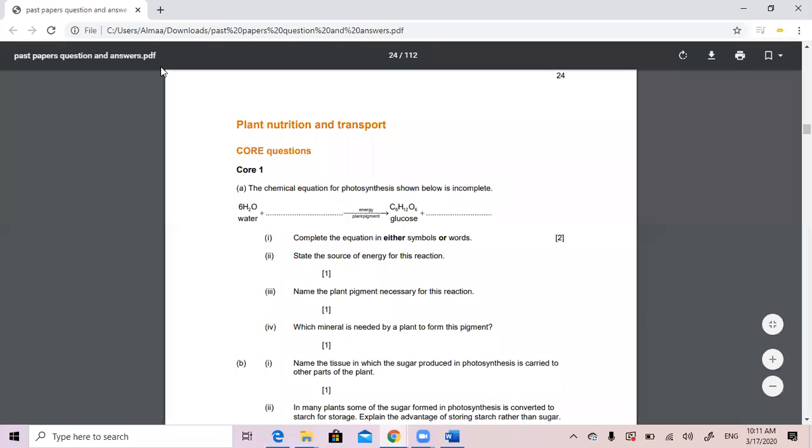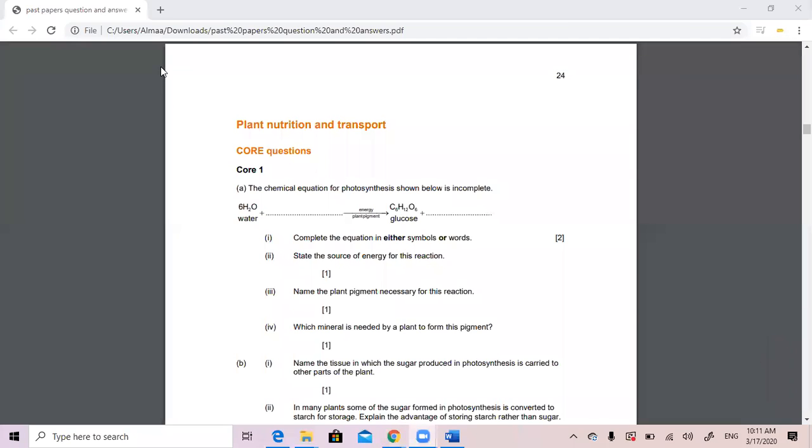Number one, I want Abdurrahman Hisham, are you with me? Complete the equation in either symbol or words as you like. What is H2O?